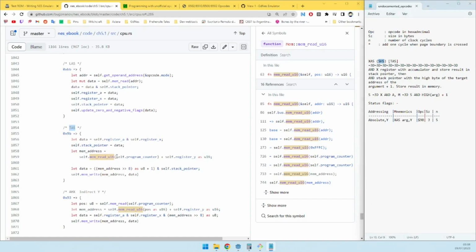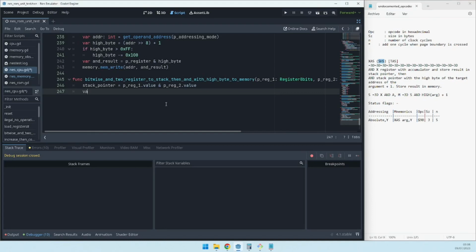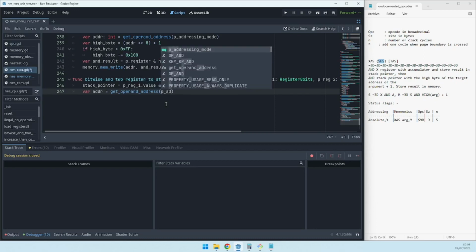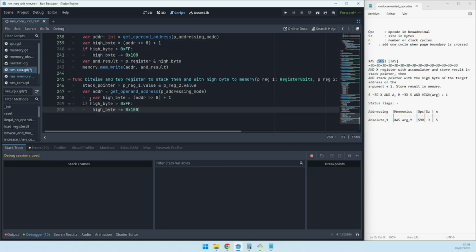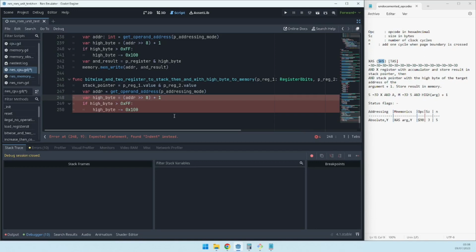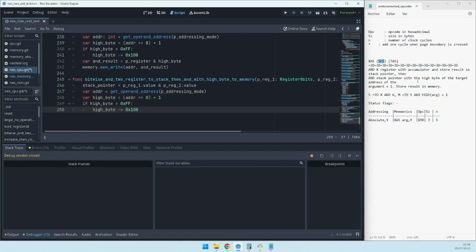Then it's going to get the memory address. Getting the high byte as before. Oh, it's high byte plus 1? Oh yes, it's plus 1.